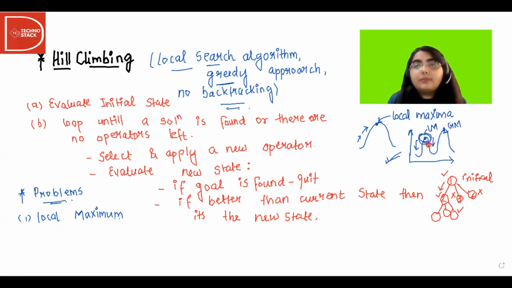Okay, so that is one of the problems, because we want an optimum solution. So we only get the local maxima and not the global maximum. Okay, that is one thing.